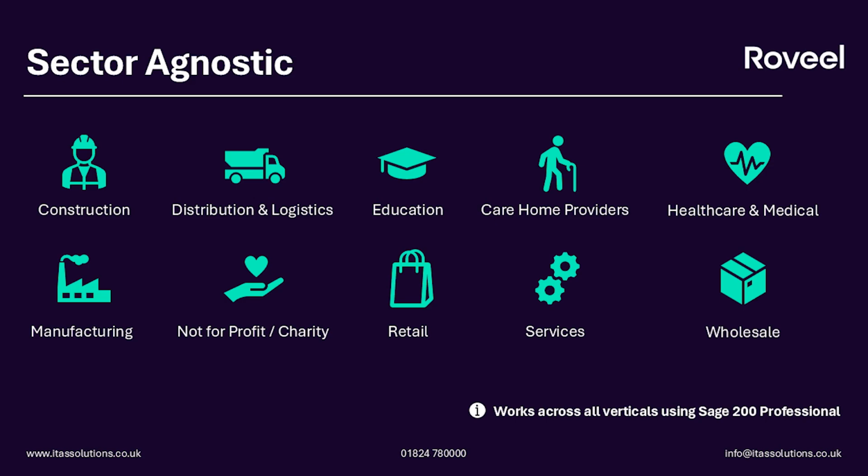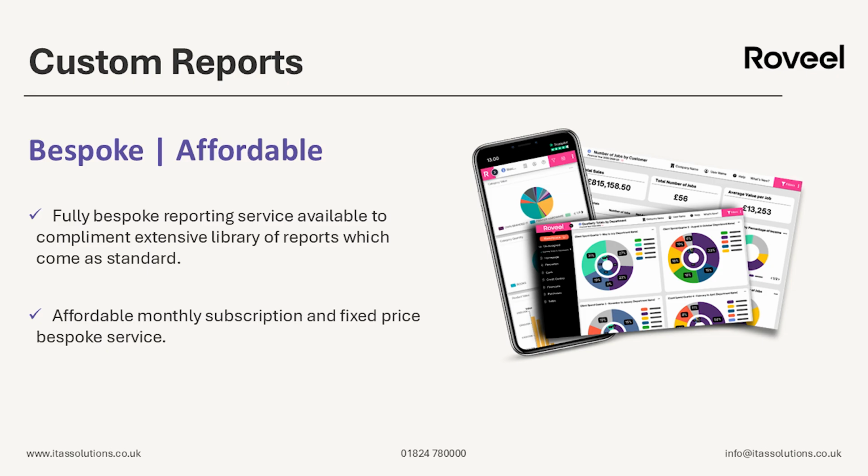But we are truly agnostic in terms of sectors. So our product will connect to Sage 200 and provide you with the information you need. And if it doesn't, we have a bespoke service available to tailor and build that. And I'll show you some bits when I get into the live demo shortly.